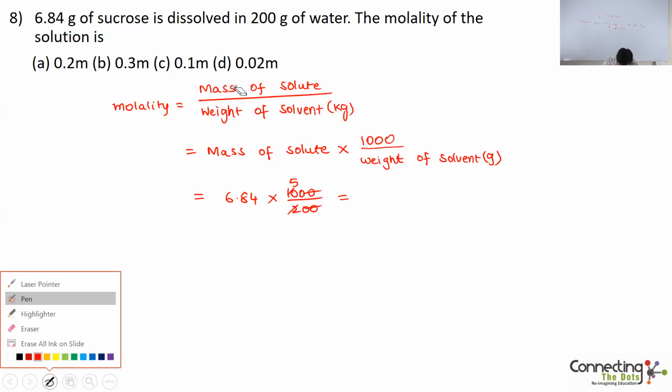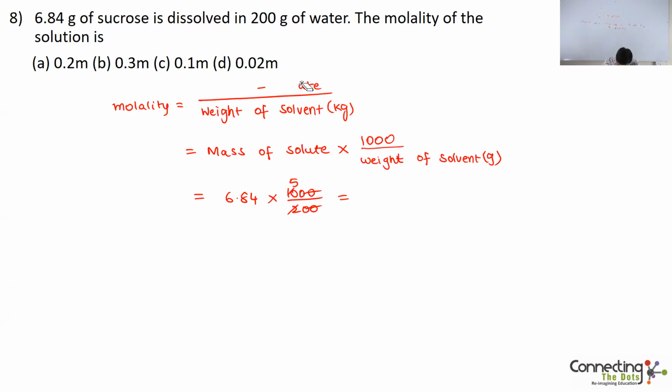So it will be number of moles of solute. So it's nothing but mass of the solute by molar mass of solute. So which is nothing but mass of the solute is 6.84 divided by molar mass of solute, which is nothing but sucrose. Sucrose is C12H22O11.